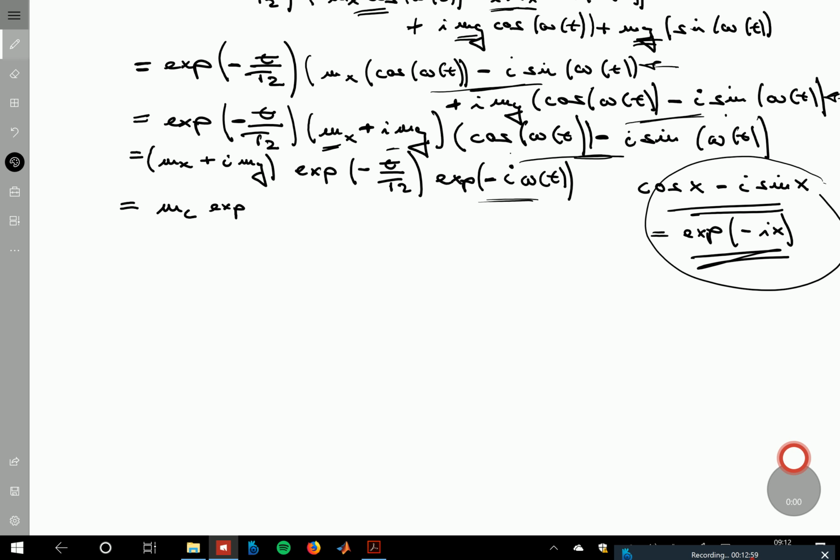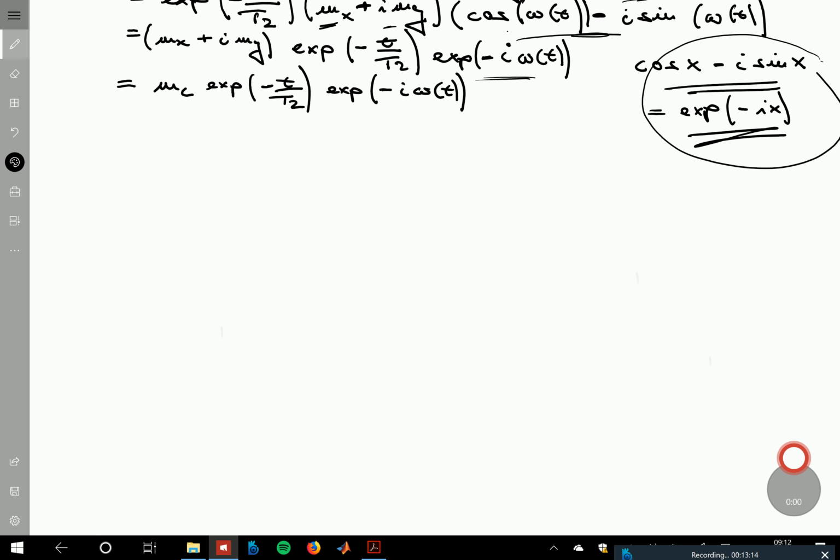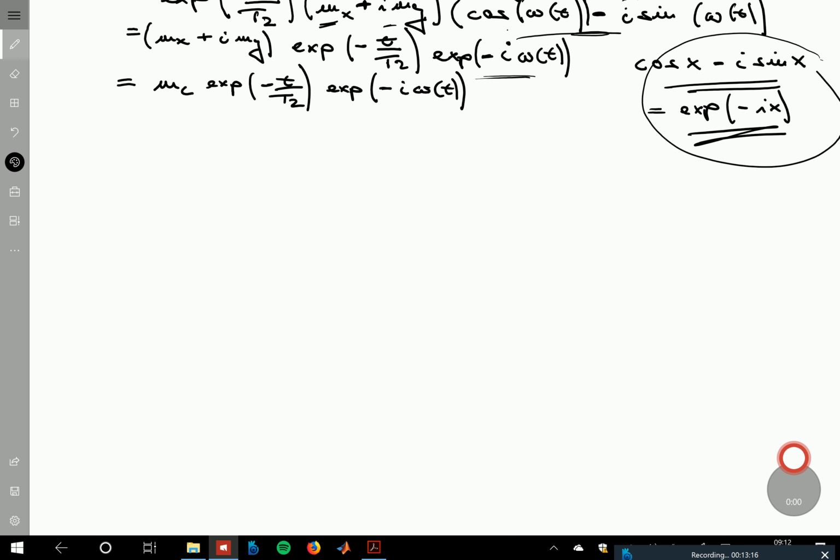And we are now in this form, T2 x minus I omega t. And then finally we have to substitute again our form for omega t. And yeah, let's just do that. So we have mc x minus t over T2.